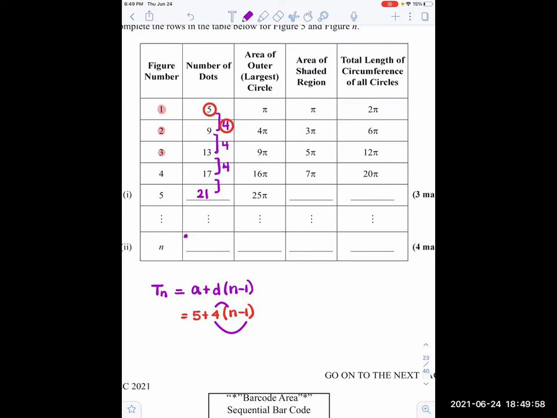Or if you can't simplify it, at least try it. Try it and see what you'll get.